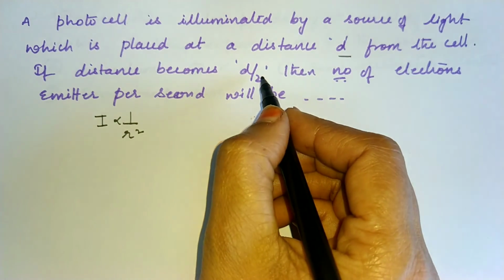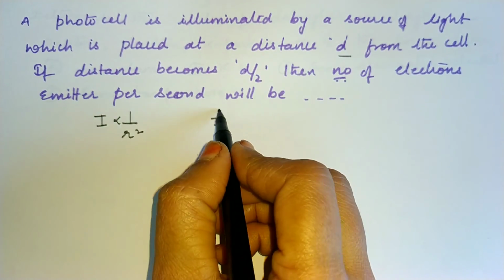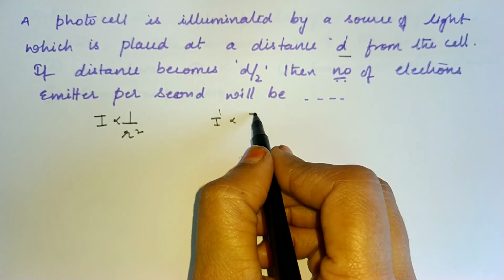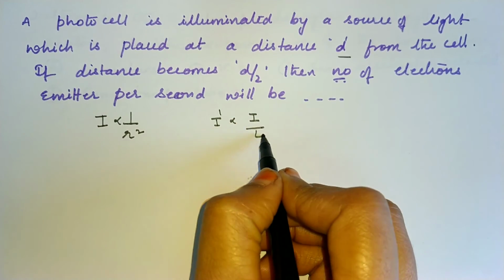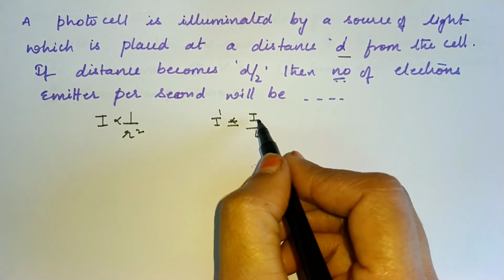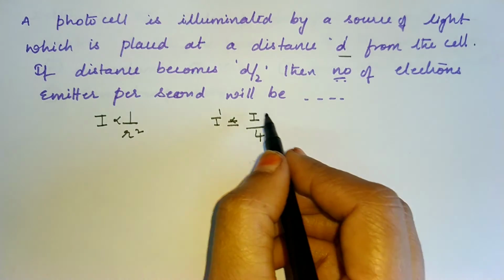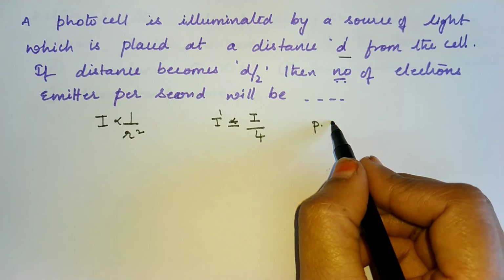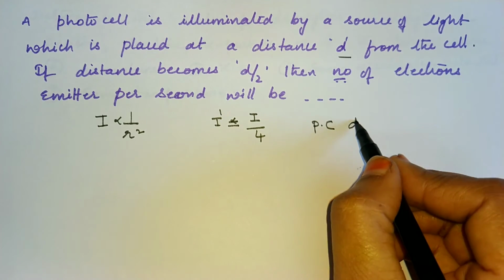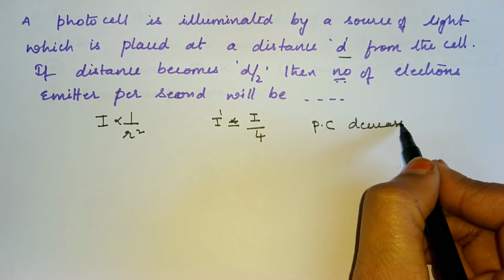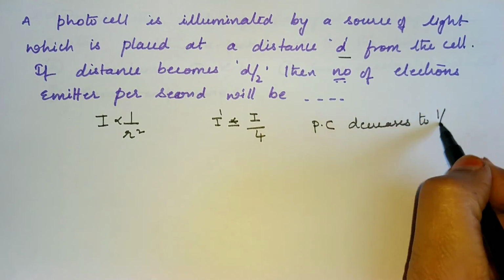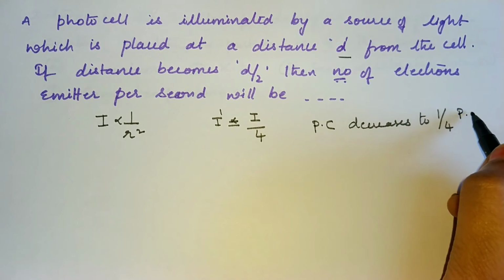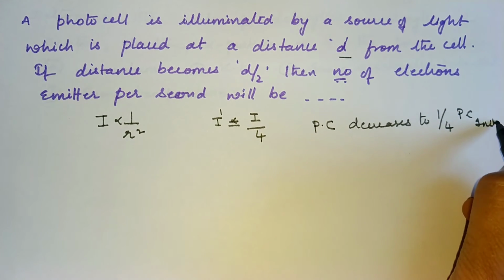So if distance is reduced to half, intensity will become 4 times. The new intensity becomes 4 times the previous. If intensity changes, photocurrent also changes. So what happens to the number of photoelectrons? It will become 4 times the initial value.